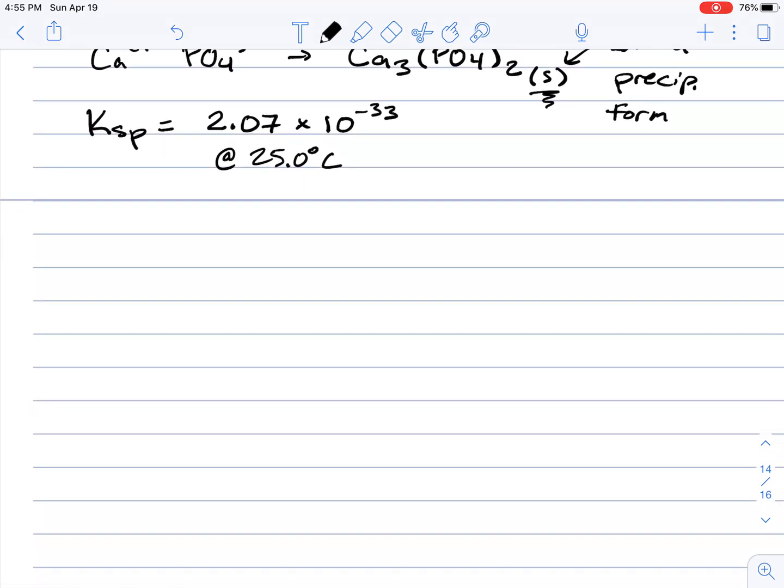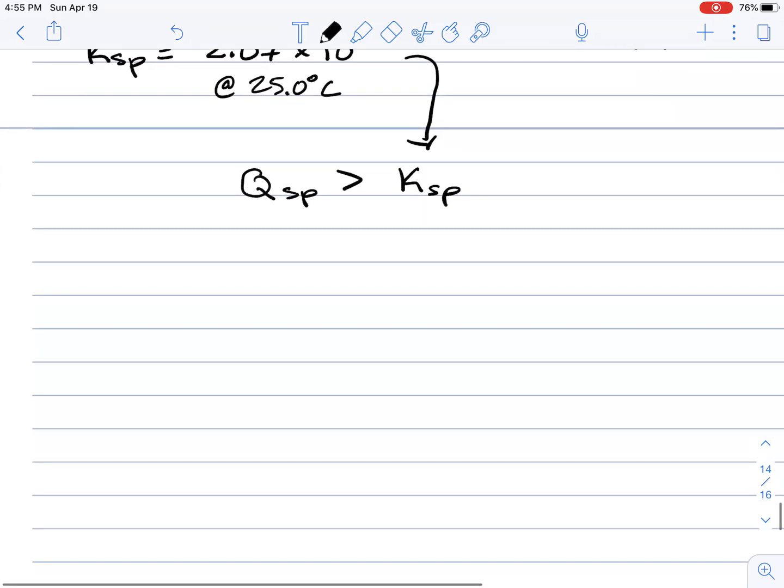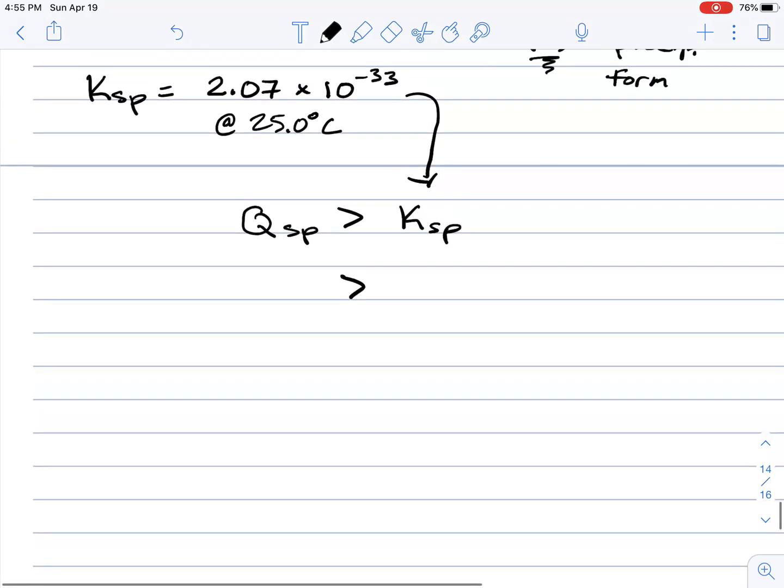And the only way for a precipitate to form is if Qsp is greater than Ksp. The value of the Ksp is already found, I mean, we just looked it up. So the Ksp is 2.07 times 10 to the negative 33.